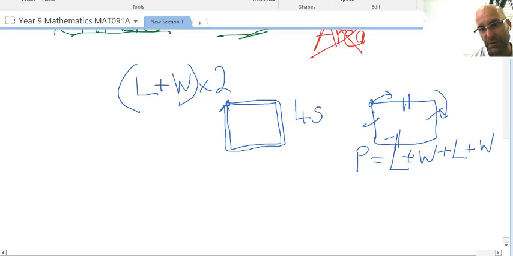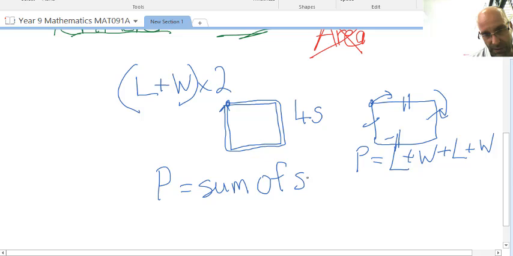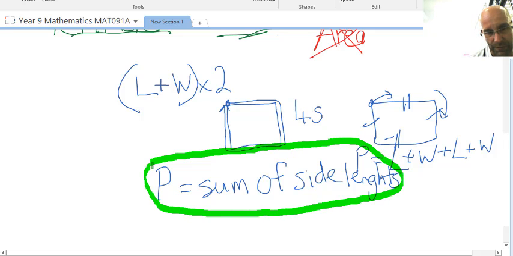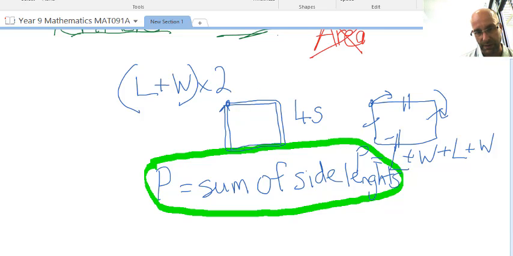But just remember, the most important thing, if you're going to write a formula down, you could write it as the sum of side lengths. If there is a formula to remember, it's related to the concept of perimeter, the sum of the side lengths. It's the main thing you need to know.